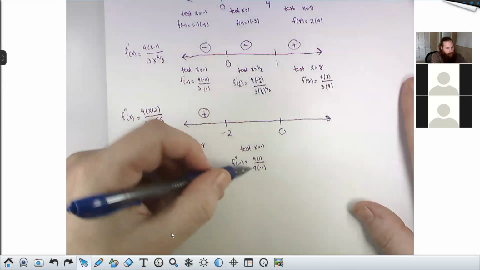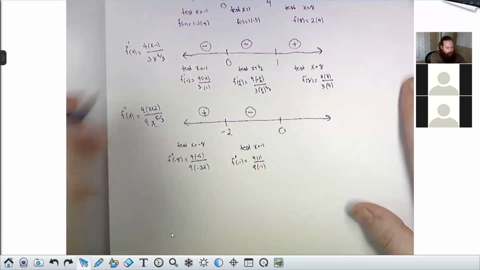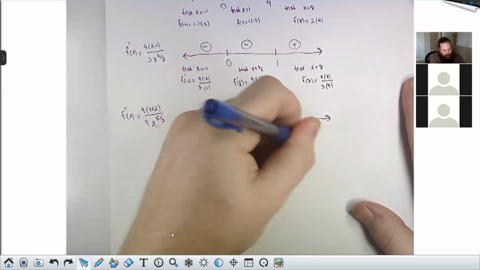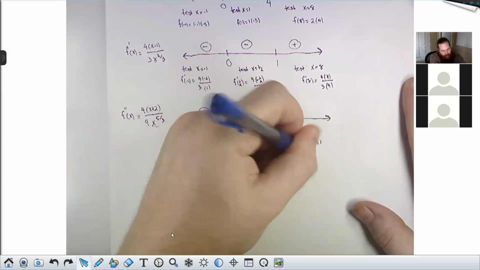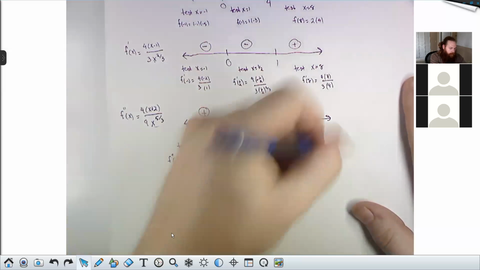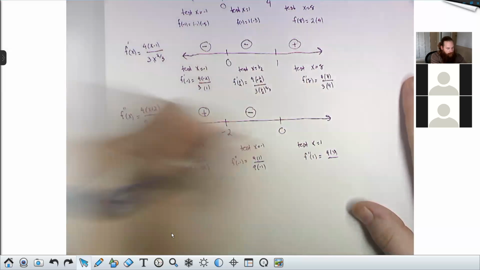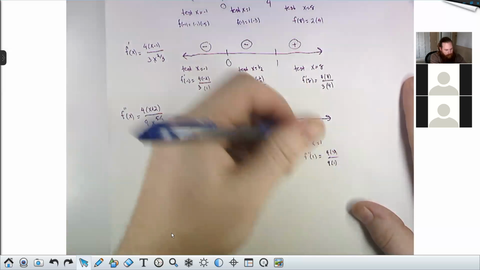So the top is positive, the bottom is negative. We're negative here. And if we test positive 1, f double primed of 1 is 4 times 3 over 9 times 1, which is positive.